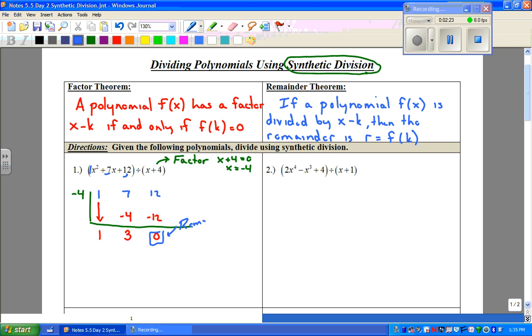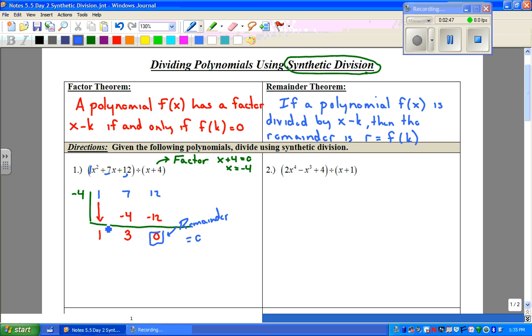If your remainder is equal to 0, this is what's known as the factor theorem: a polynomial f of x has a factor x minus k if and only if f of k is equal to 0. In this one, your remainder turned out to be 0, so when we divided this, you have a factor of x plus 4.